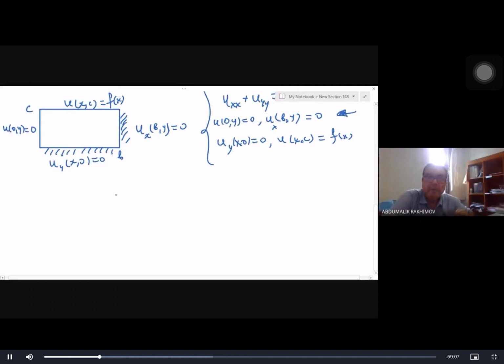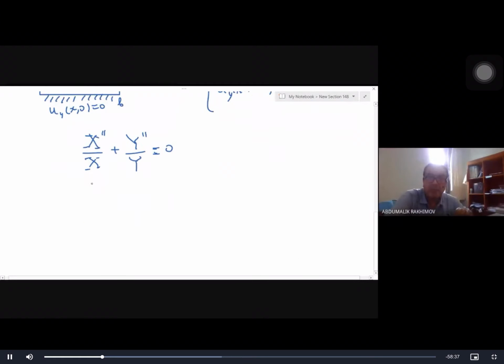Not this, right? So when we split the equation, you remember this equation, X double prime over X plus Y double prime over Y is equal to 0. The question was which one we will shift to the right side with minus. When you have two zero conditions with respect to x, we leave x and we shift y.